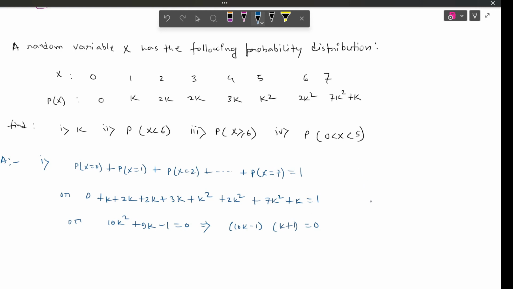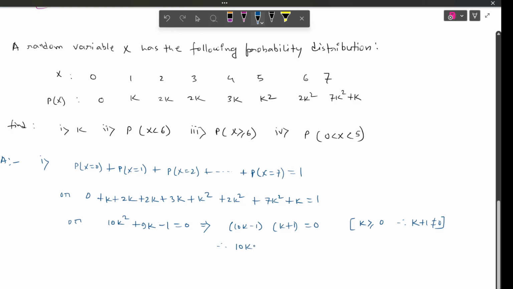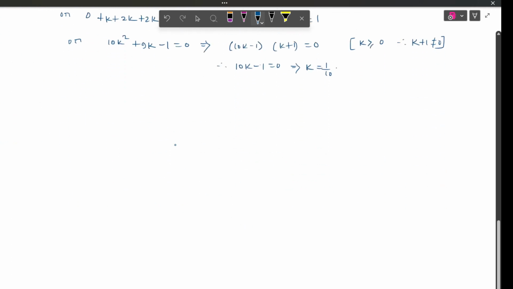Now see, k value should be greater than or equal to 0, and that's why you can say k plus 1 cannot be 0. So this means 10k minus 1 should be 0, that is k is 1 by 10. Okay. Number 2, we have to find out probability of X less than 6. It is strictly less than 6.